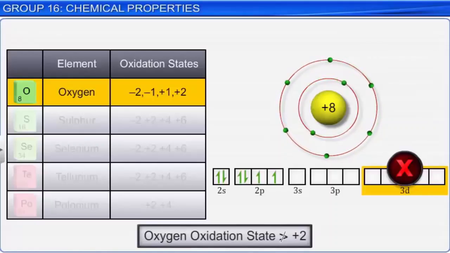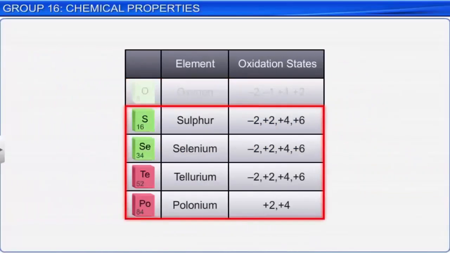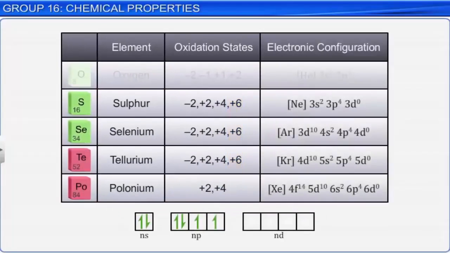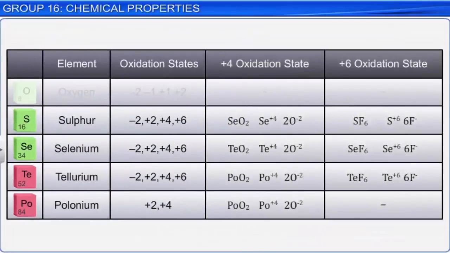The other elements of the group, apart from exhibiting +2 oxidation state, also exhibit +4 and +6 oxidation states due to the availability of d orbitals in their atoms. These elements show +4 oxidation state in their compounds with oxygen and +6 oxidation state with fluorine.